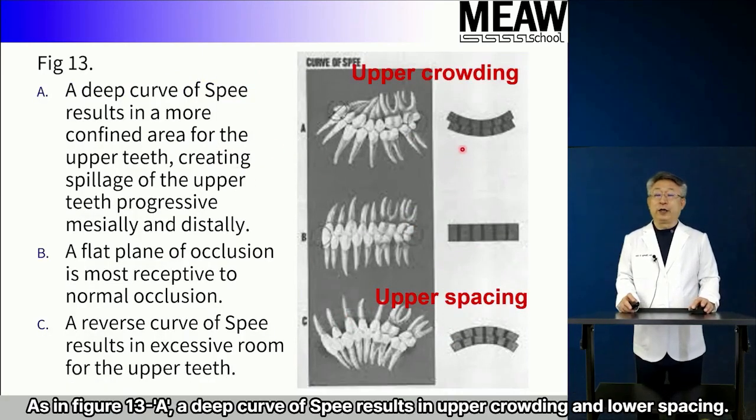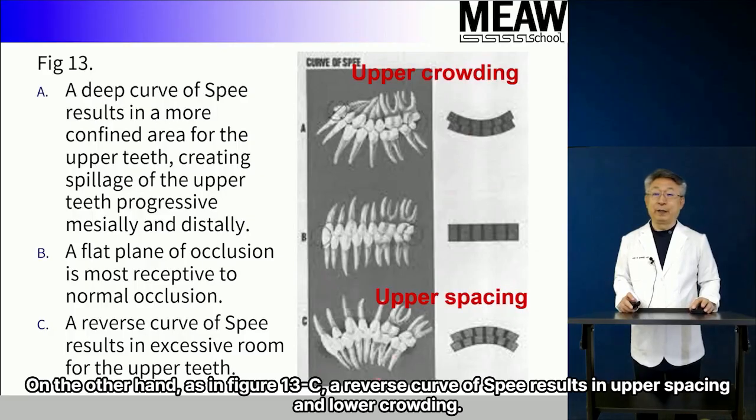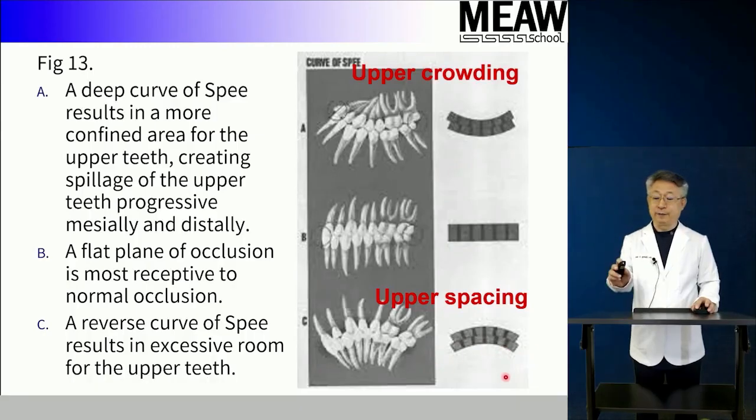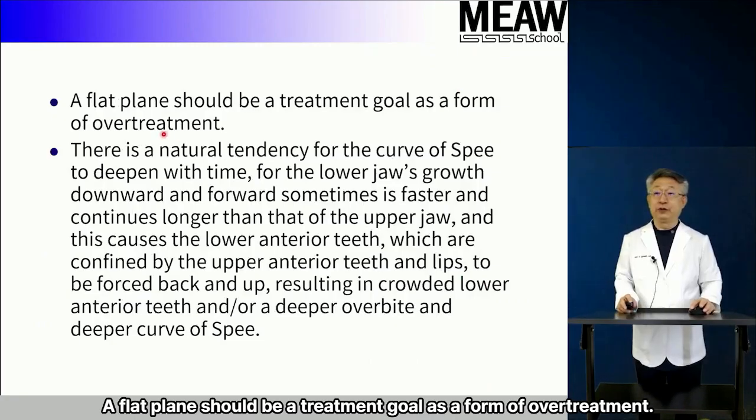As in Figure 13a, a deep curve of Spee results in upper crowding and lower spacing. On the other hand, as in Figure 13, a reverse curve of Spee results in upper spacing and lower crowding. A flat plane should be a treatment goal as a form of overtreatment.